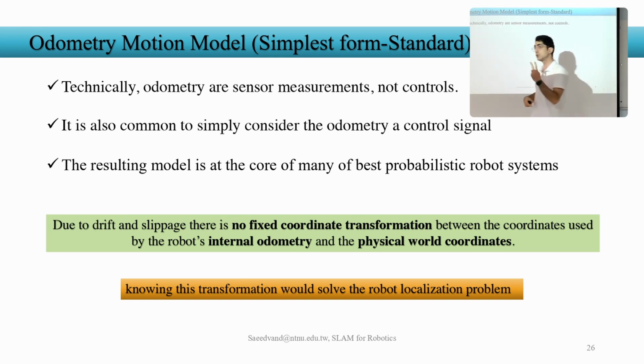So we have two parameters that are useful for us to take into consideration. How? We will dive in soon. It is also common to simply consider the odometry as a control signal, and the resulting model is the core of many probabilistic robotics systems that we have.